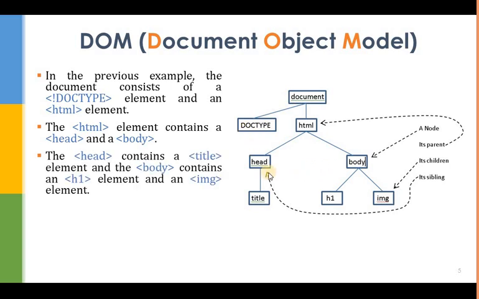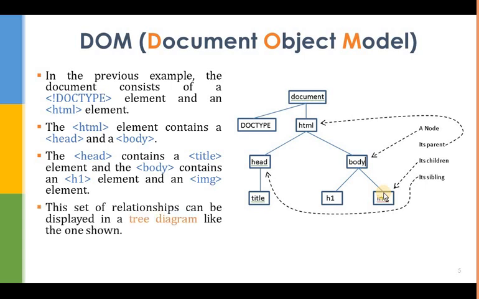After that, head contains title, and body contains two elements, that is h1 and image. This set of relationships can be displayed in a tree diagram like this. So this is just a tree diagram of HTML elements, how it acts as a tree whenever we refer to it as objects.